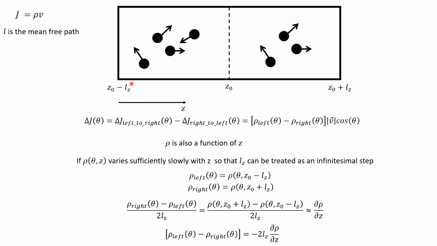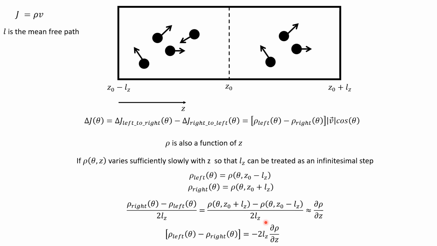So there is a distance of 2Lz. When divided by this distance, we are taking the derivative as long as this distance can be considered as an infinitesimal step. So with this consideration, we can express this subtraction in terms of the partial derivative of the concentration.